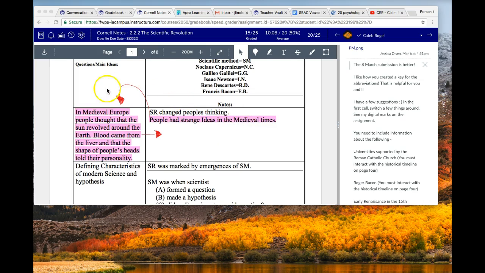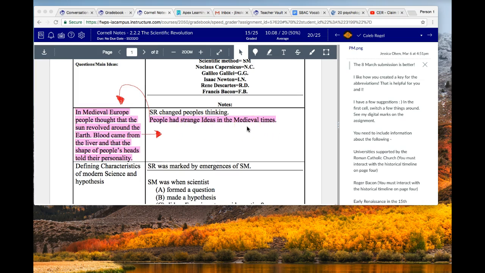So you have good information in this first cell here. What I would do is just switch things around. The main idea for this section of the reading is that people had strange ideas in medieval times. This is good because you've written it in your own words, strange ideas in medieval times.